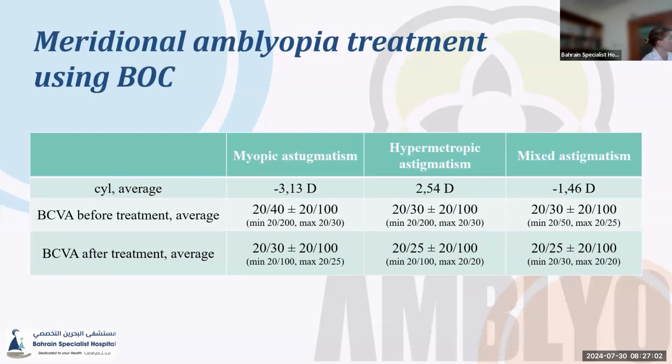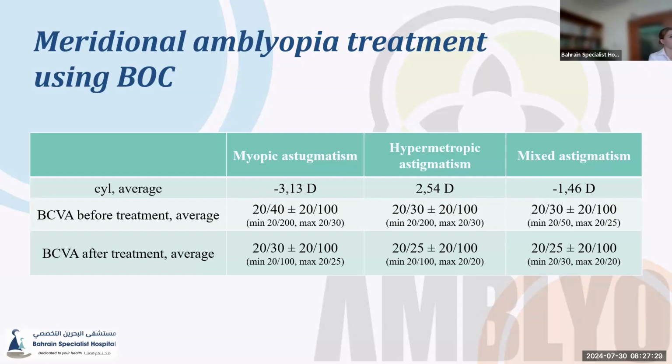The data of our retrospective study which we've done: 53 patients took part from 2020 to 2022, and they were divided into two groups: myopic astigmatism, and hypermetropic and mixed astigmatism.